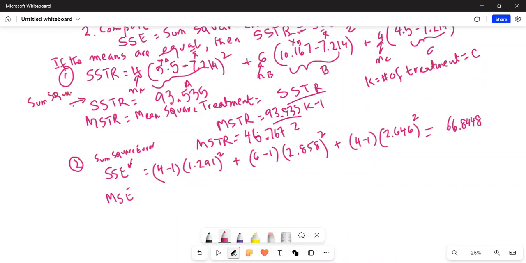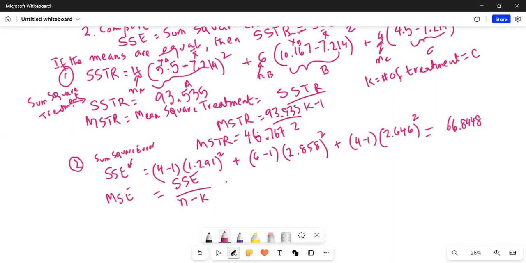Sum square treatment is the variation of each sample mean from the grand mean. Now mean square error is equal to sum square error divided by total sample size minus k.